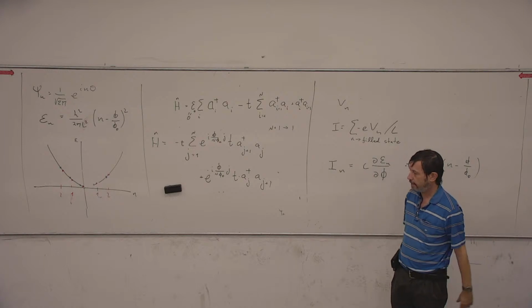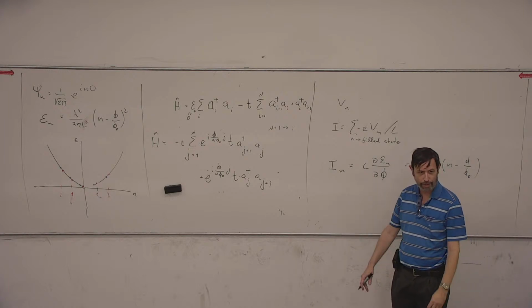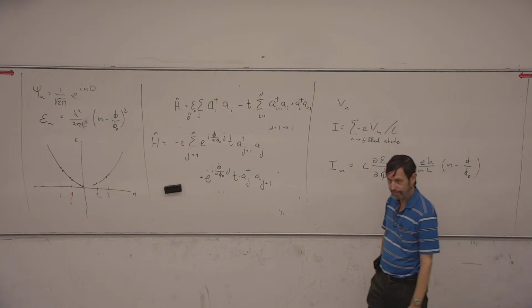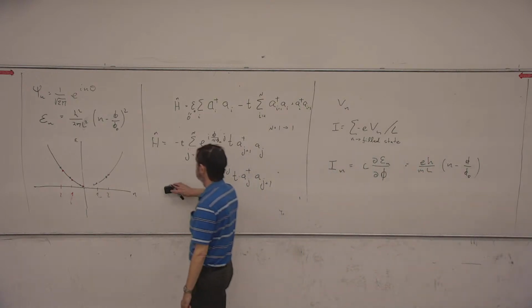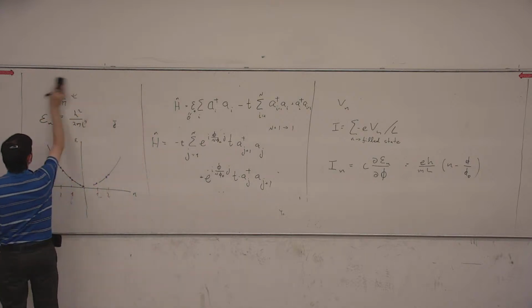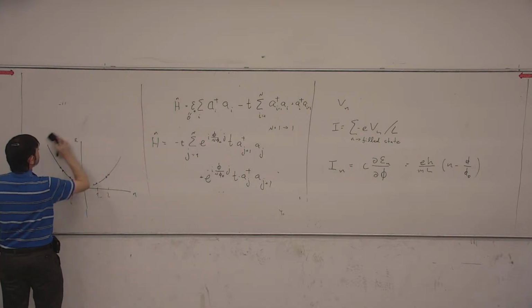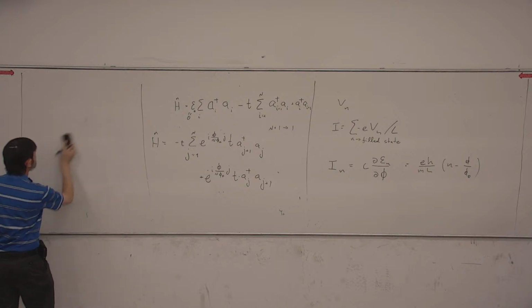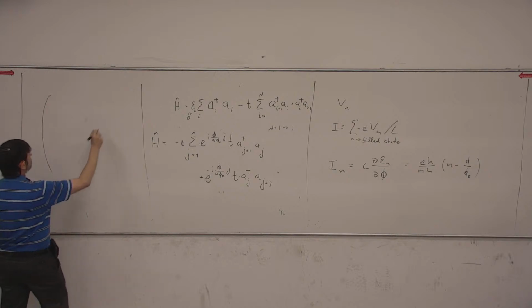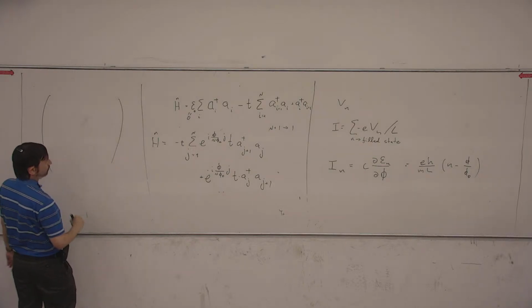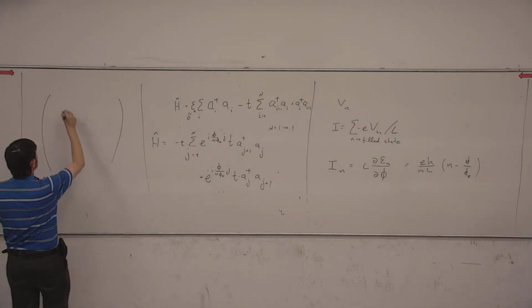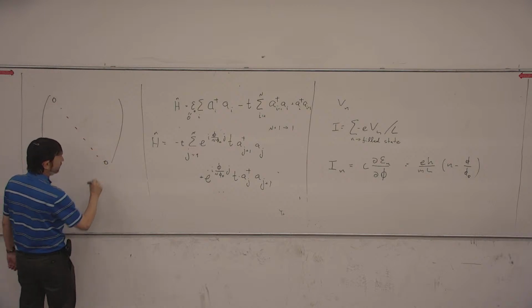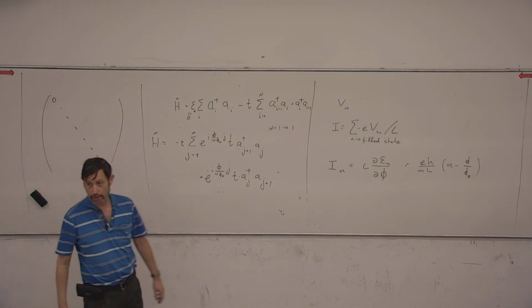So how do I do a calculation with this? I write down a matrix. Okay, I have 0 on the diagonal because I decided so.